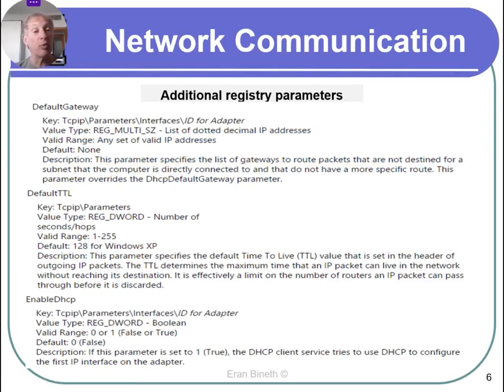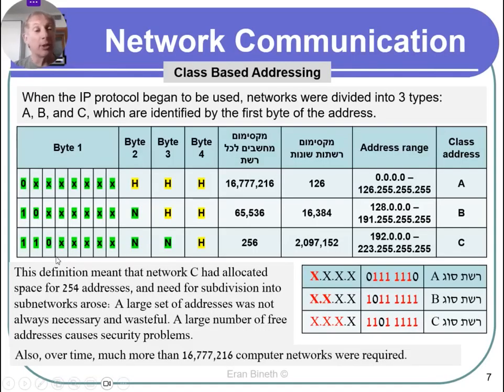Other information stored in the registry includes, for example, the default gateway, the router through which we leave the local area network when we have a message for an external destination, and the default TTL, usually 128 with Windows and 64 with Linux, specifying the maximum number of jumps allowed within the web to prevent a situation where a message goes forward endlessly, etc. The original scheme was called class-based addressing.